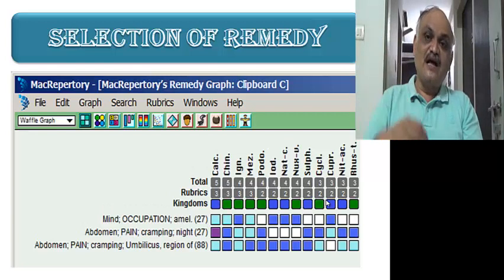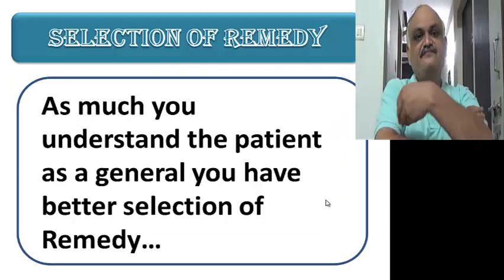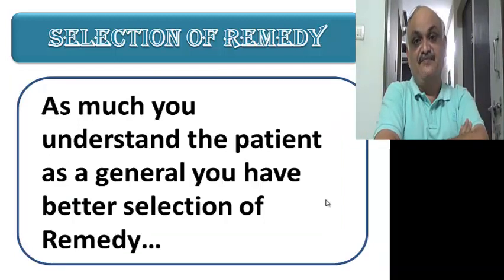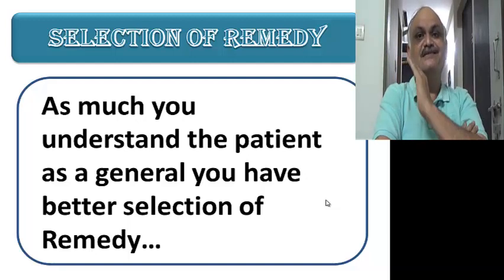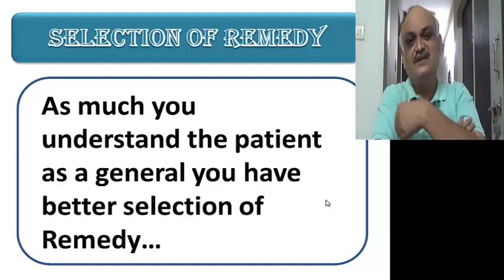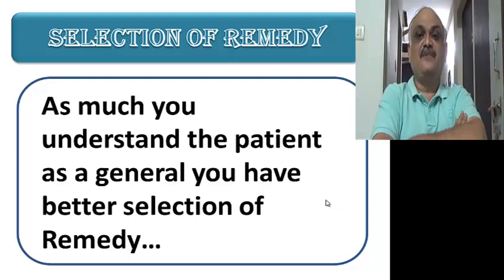Those things are going to help us decide the medicine. Am I right? So I say you have to understand the patient in general. You have to know the person, the personality, the character, and a lot of other things. Everything you understand is going to help you select the medicine.